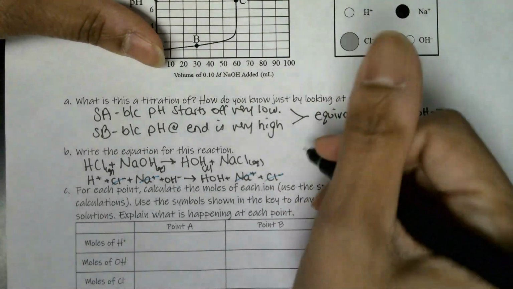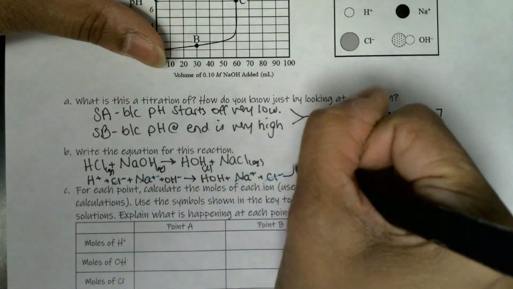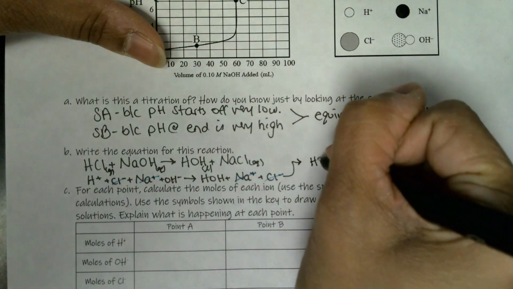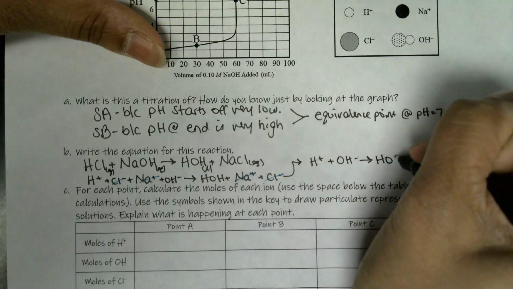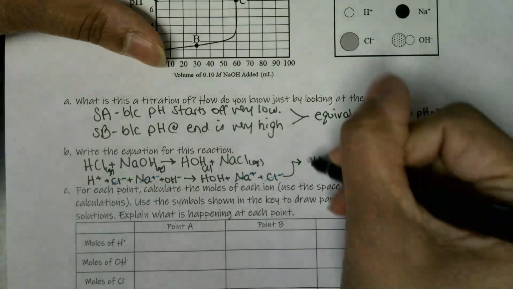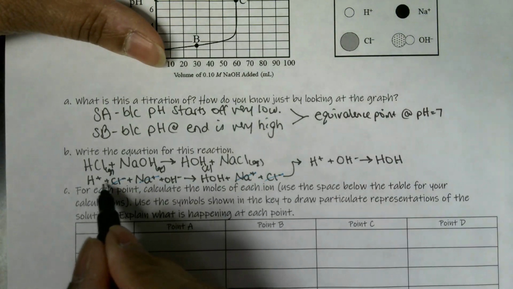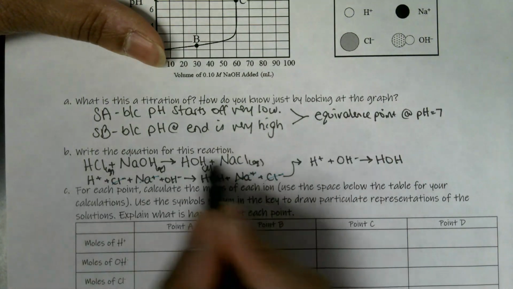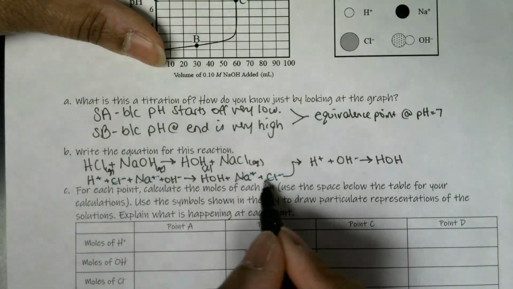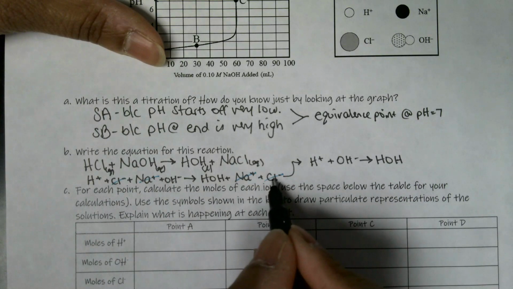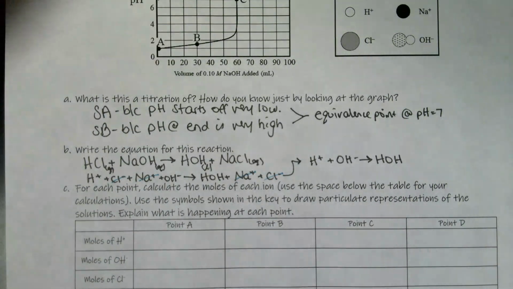So Na and Cl are both spectator ions. The net ionic is H plus and OH minus produces H2O or HOH. This is the molecular formula or equation, and then these are the ionic with spectator ions.